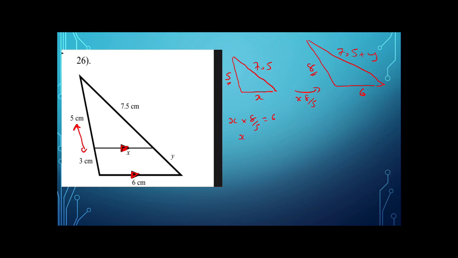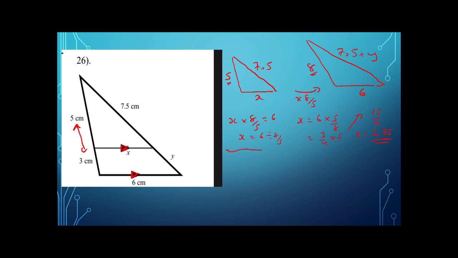So let's divide by 8/5, which is the same as multiplying by 5/8, which is the same as 3/4 times 5, which is 15/4, so x is 3 3/4. Alright, it is 3.75.